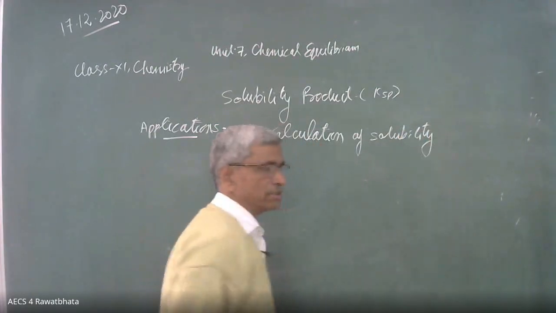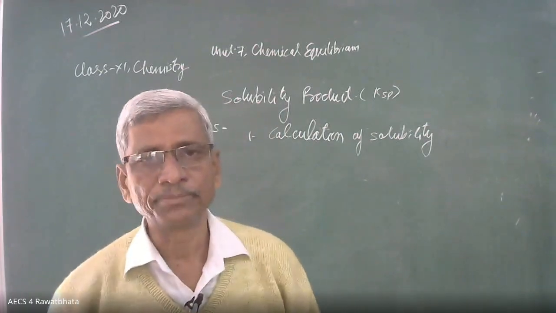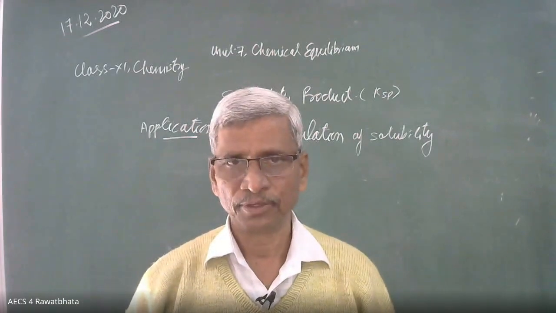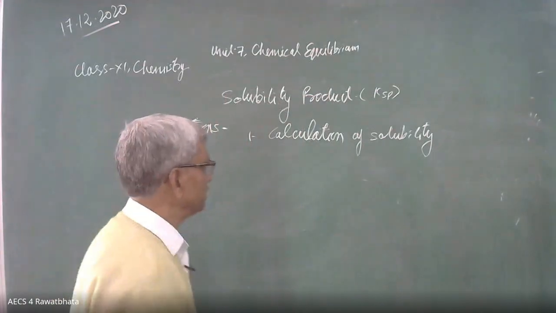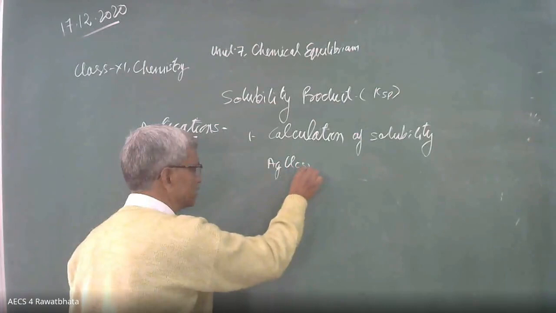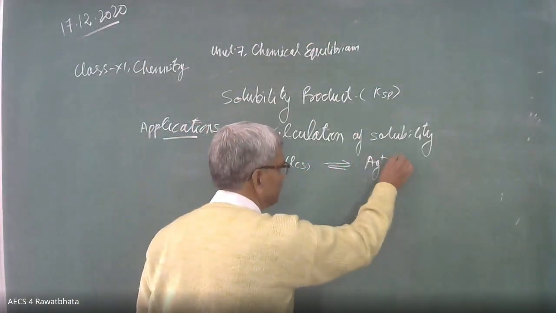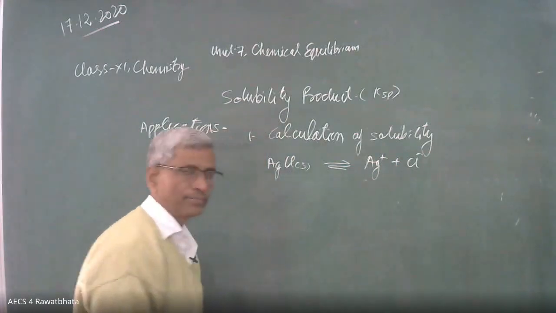We can calculate the solubility of a sparingly soluble substance if its solubility product is known. How is it possible? Let me take an example. AgCl is sparingly soluble and ionizes to give Ag positive plus Cl minus.